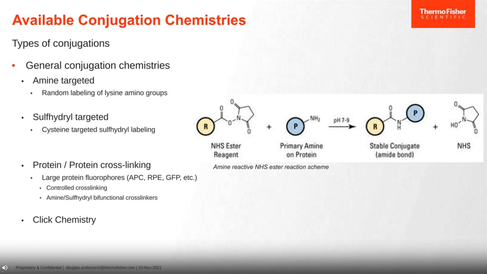These are designed to have controlled cross-linking to give you well-defined conjugates between large proteins such as APC, RPE, GFP, or enzymes of interest, and often these are antibody conjugates to either an enzyme or a large protein fluorophore. Lastly, you have one of the newer categories, which is click chemistry.